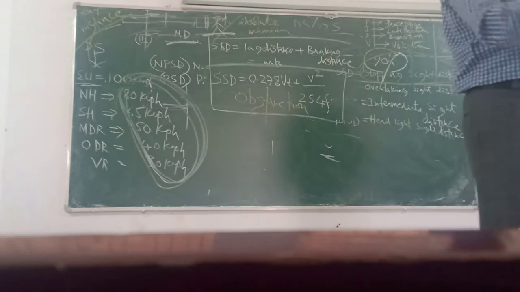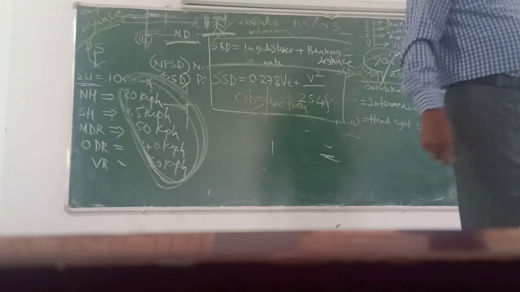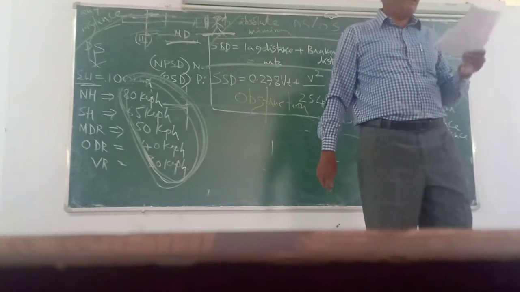Next, what are those factors? Small a, b, c, d. One, feature of the road ahead.